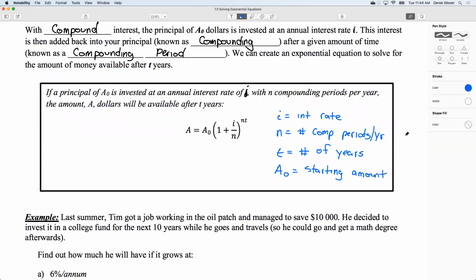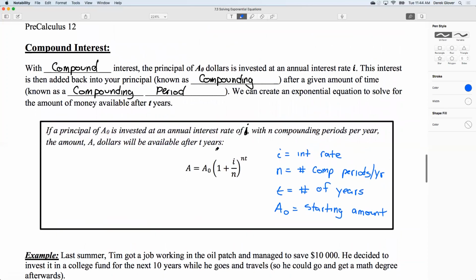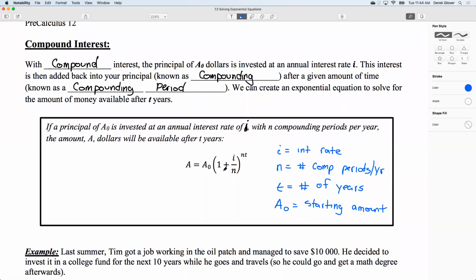So basically, to explain the idea of compound interest, interest is basically an incentive for somebody to loan money to someone else. So if you wanted to borrow money from me, let's say you wanted $1,000, I probably wouldn't just hand you $1,000 without some kind of incentive.